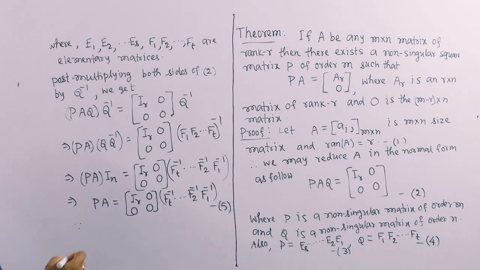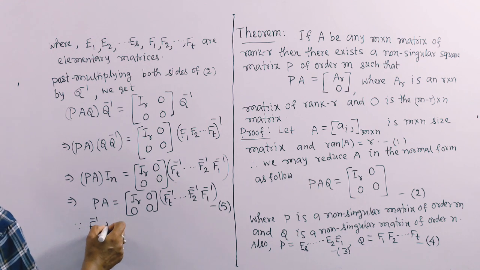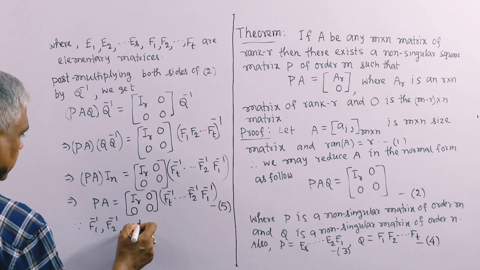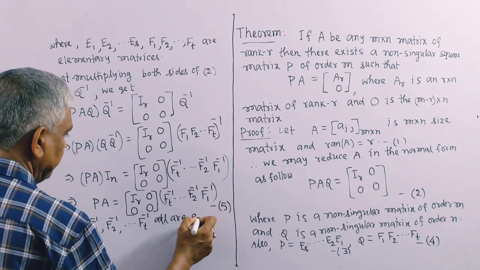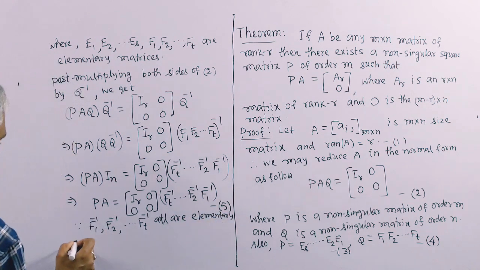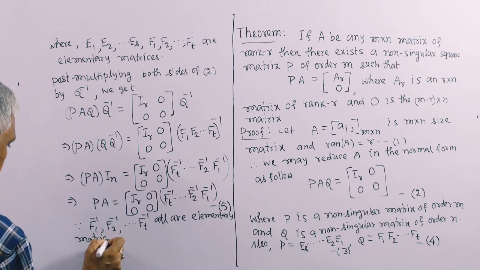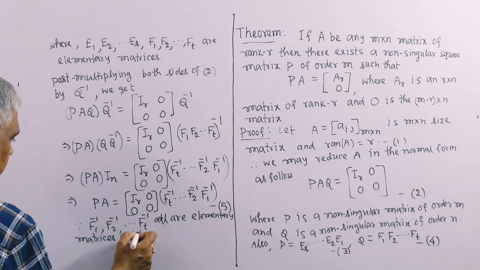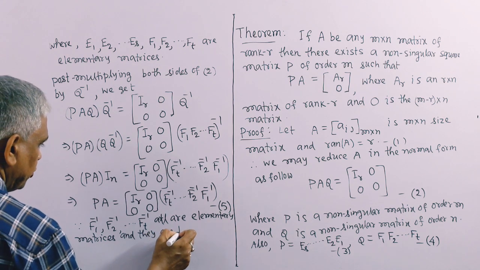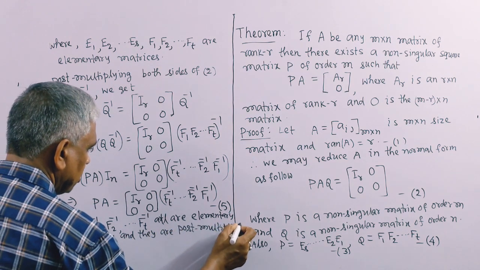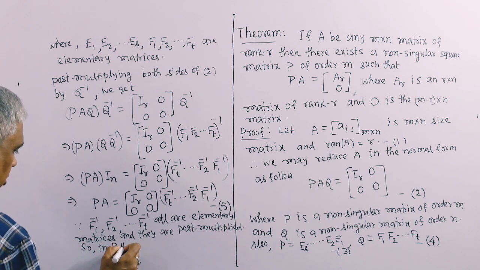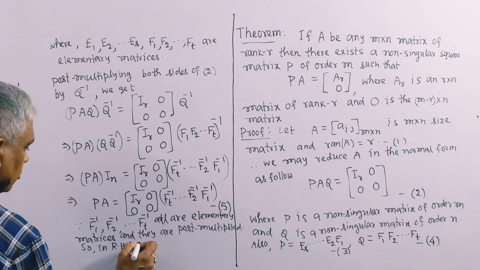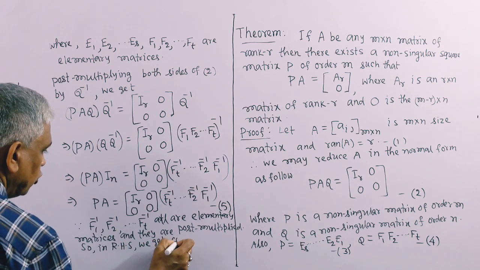Since F1 inverse, F2 inverse, dot dot dot Ft inverse are all elementary matrices, and they are post multiplied, so in the right side we get column transformations.